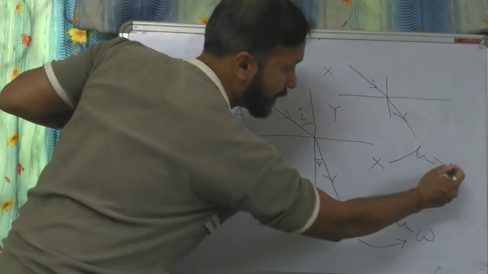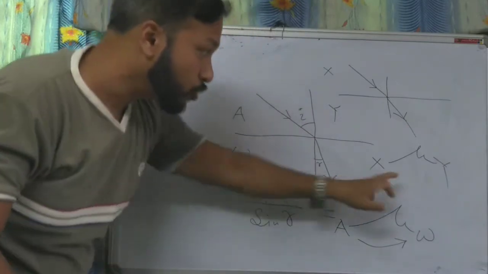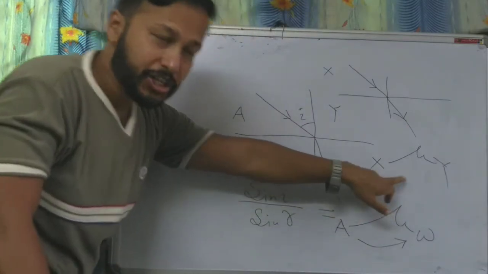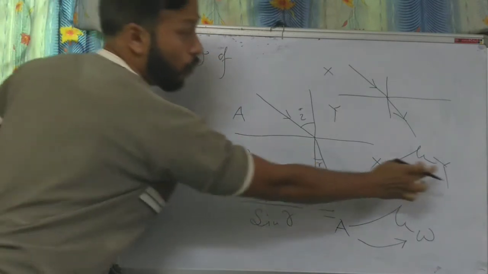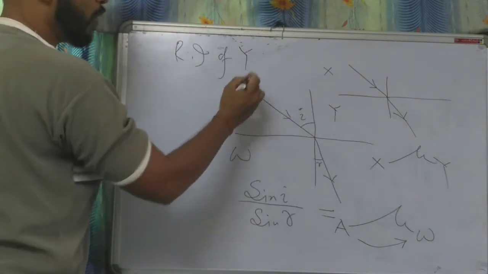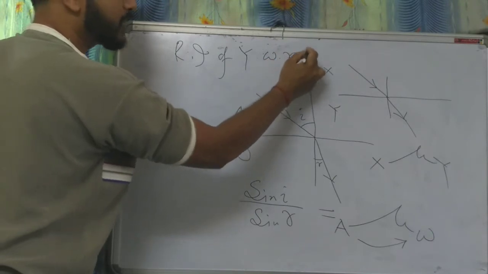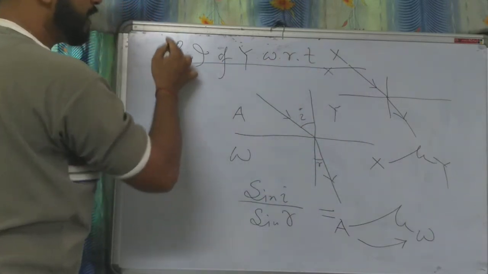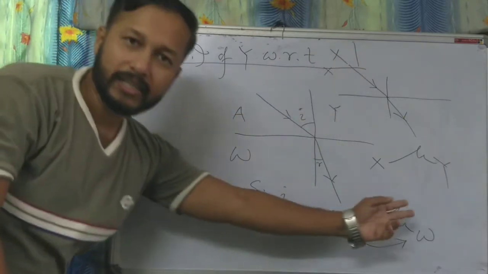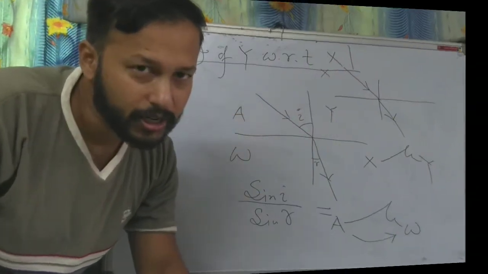Y, so I will write Y. But how to say this? We will say it is the refractive index of Y with respect to X. Understood? In this way we have to pronounce it.